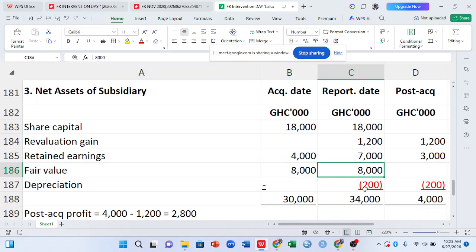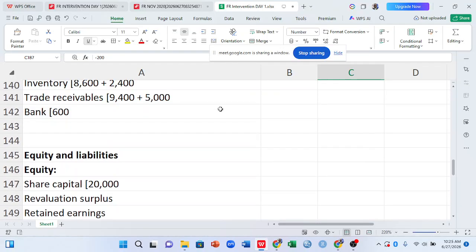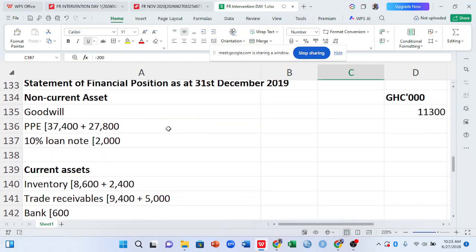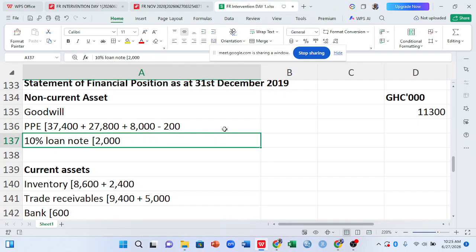And then there was a depreciation in that regard. So it's going to be plus 8,000 minus 200. We'll show that one under our PPE, plus 8,000, minus 200. I think that was all. What's this total?